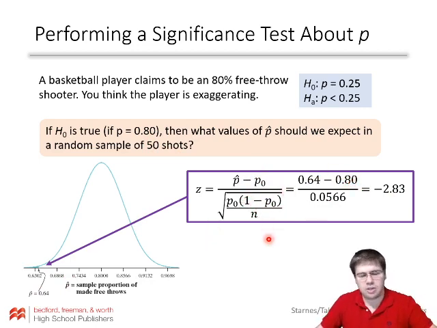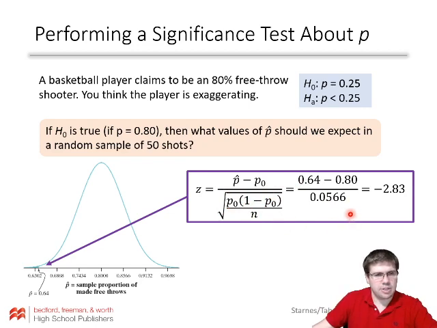Figure out how many standard deviations from the mean we are, in this case below the mean. And so we have our standard deviation formula we calculated on the other slide here. So in this case it's the square root of 0.8 times 1 minus 0.8 over n. That would be that number. And so apparently that's 2.83 standard deviations below the mean, which is pretty far, and we'll calculate the probability in a second. That'll be our p-value.